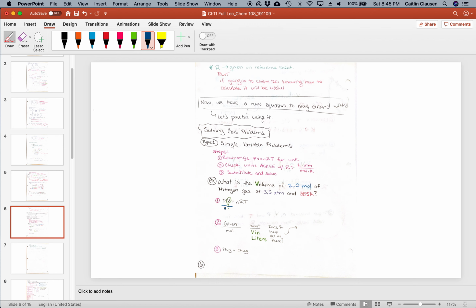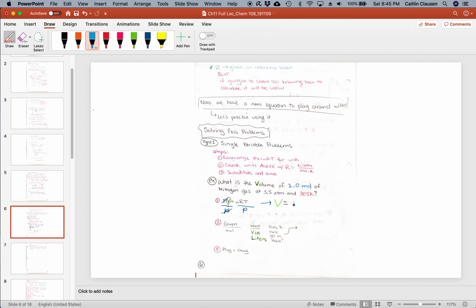If I divide by pressure on both sides, that means on the right side I can cancel the pressures and I am left with volume, and that's going to equal nRT over P, over pressure.